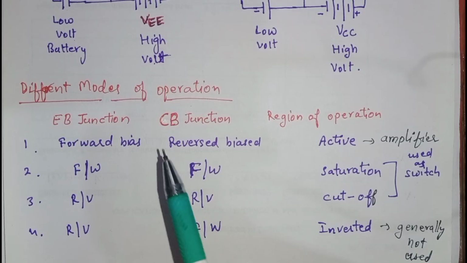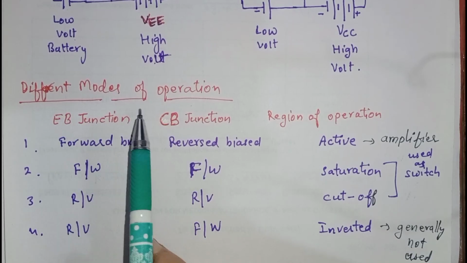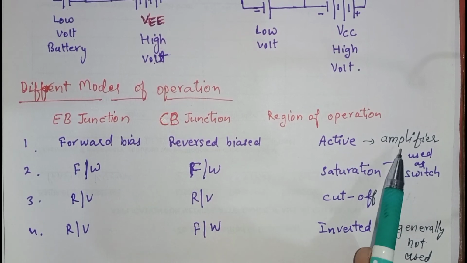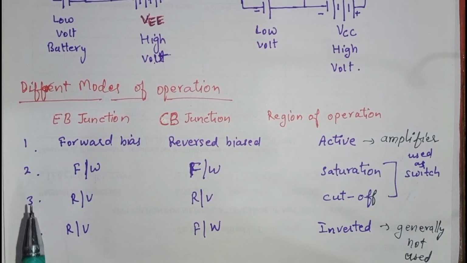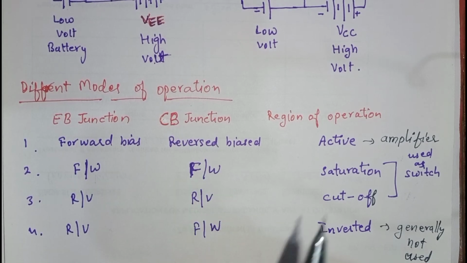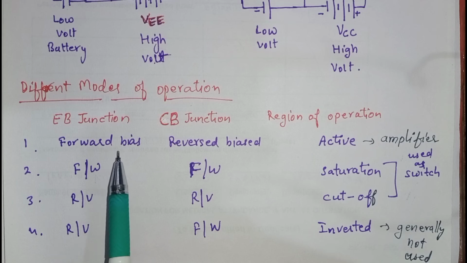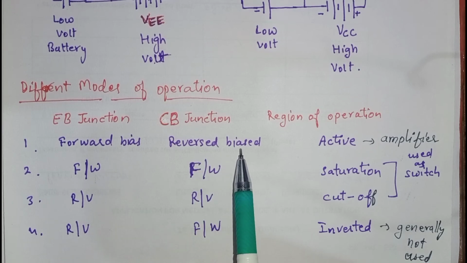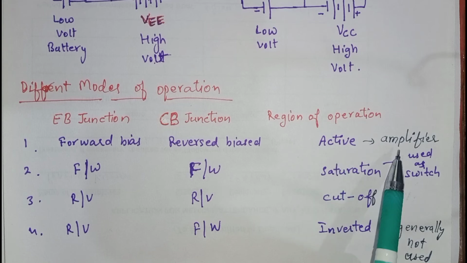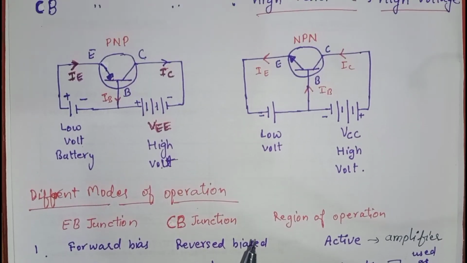Now we will talk about different modes of operation of transistor. We can use transistor as an amplifier or as a switch by changing the emitter base junction biasing and collector base junction biasing. When emitter base junction is forward bias and collector base junction is reverse bias, the transistor will work in active region and it will be used as an amplifier, as in the case here.